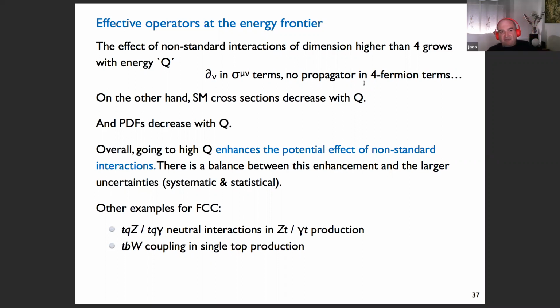On the other hand, of course, cross sections decrease with Q, and the PDFs decrease. So the effect is enhanced, but you also have larger systematics and smaller statistics. So there is some balance.